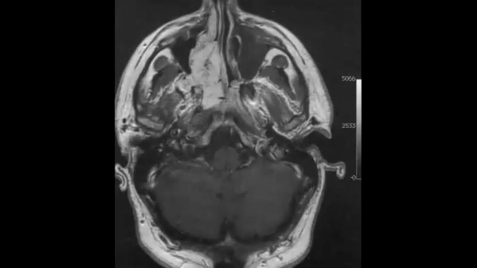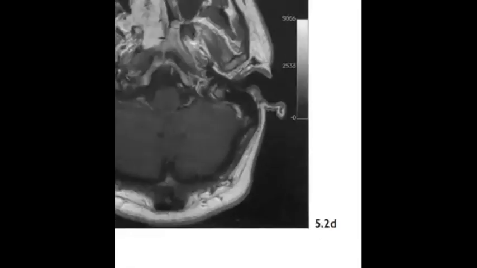Yes, vivid enhancement, Huda, perfect. And you can note this low signal inside the lesion, which indicates that it could be flow voids. Yes, flow voids. So juvenile angiofibroma could be one of them, the best differential diagnosis in this case.